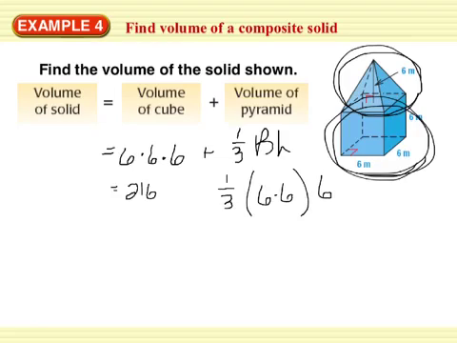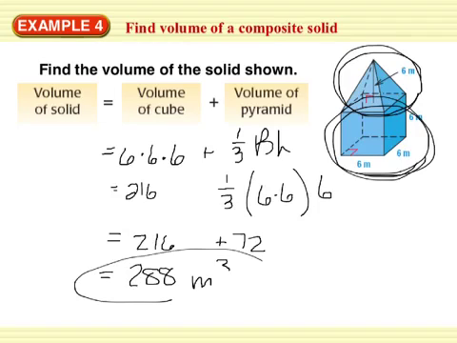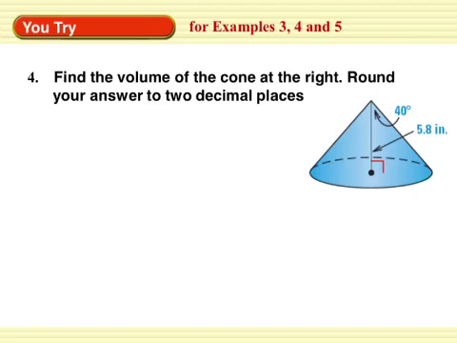So 6 times 6 times 6 times 1/3. I have 288 meters cubed. Cool. Okay, you try. Find the volume of the cone at the right.